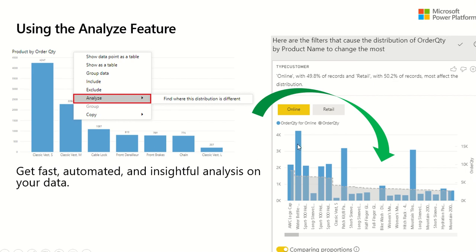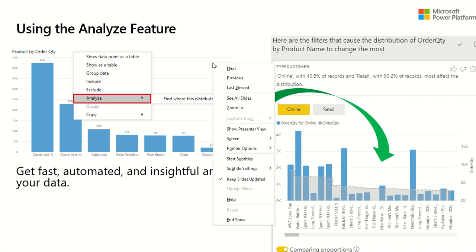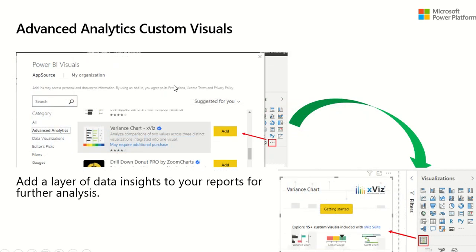So you can use the analyze feature to get more details. You will also be able to use this in the lab and see the way it works. Also, we can have advanced analytics custom visuals. Remember, we said yesterday you can add more visuals to the visuals that are available.